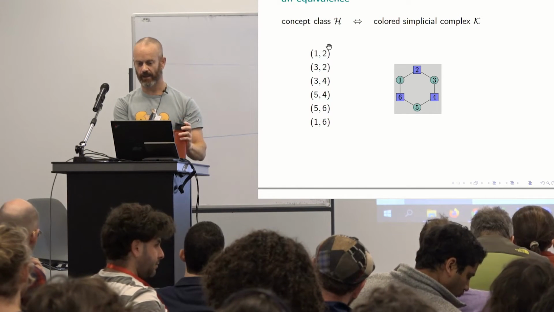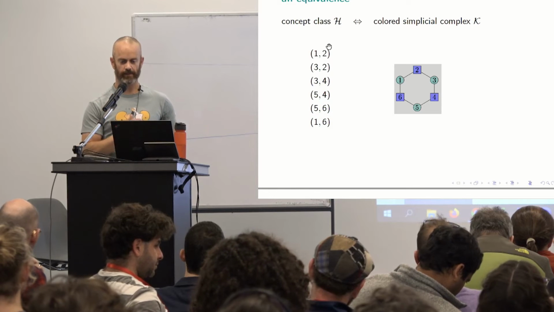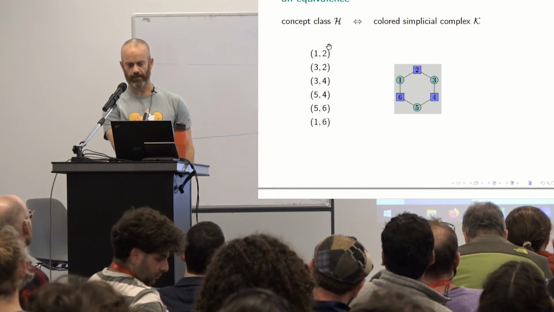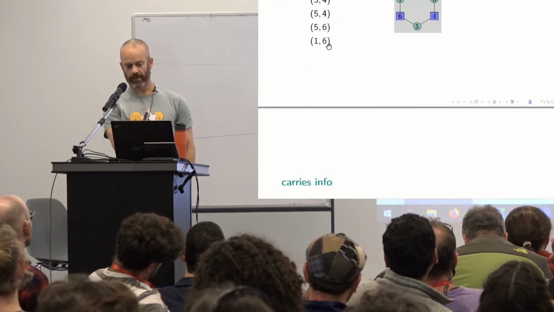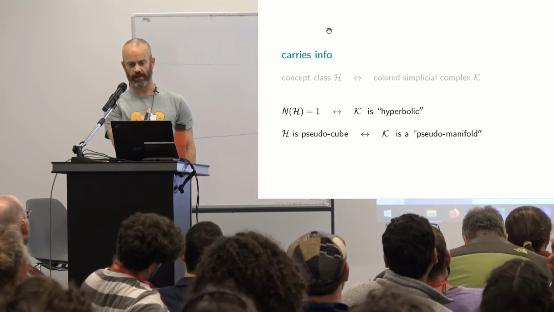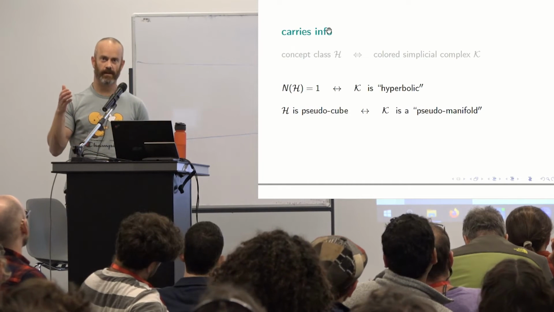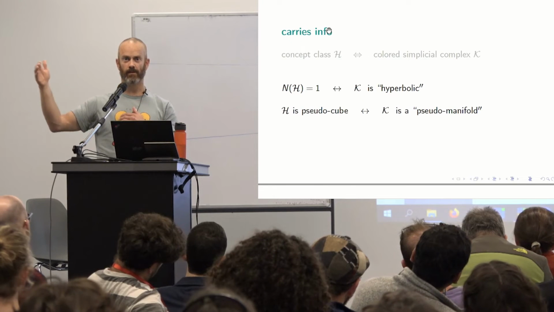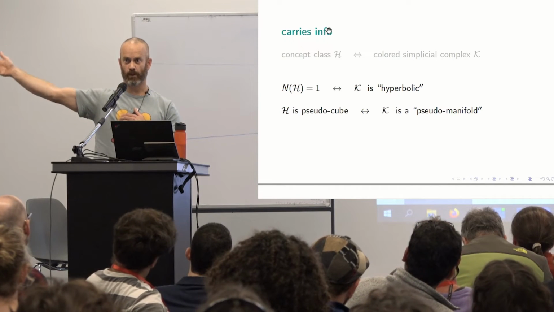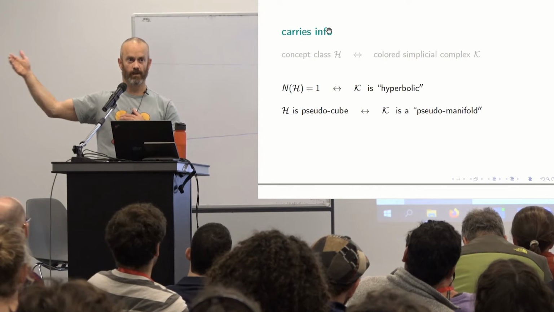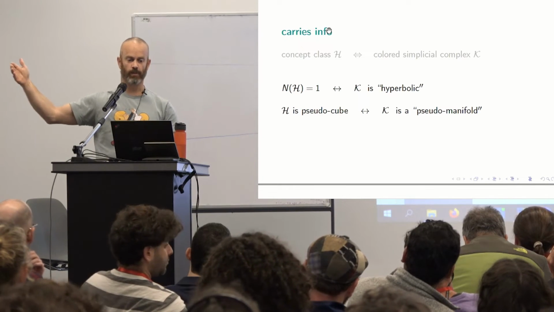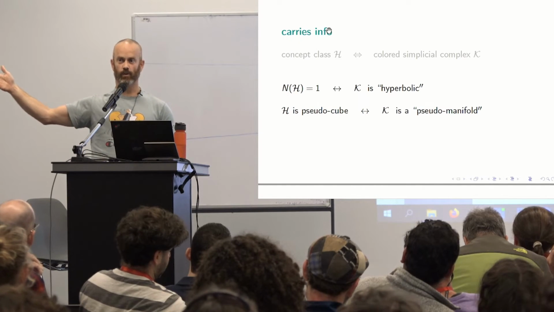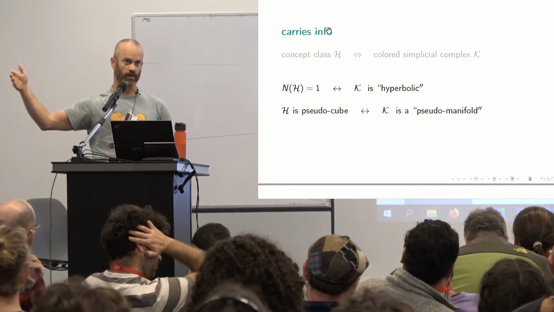So this is an example of how a concept class translates to a simplicial complex and vice versa. And one amazing property of this translation is that it translates information from the learning perspective into information that topologists care about in a direct way. So the Natarajan dimension being 1 translates to hyperbolicity. I can talk about it later.